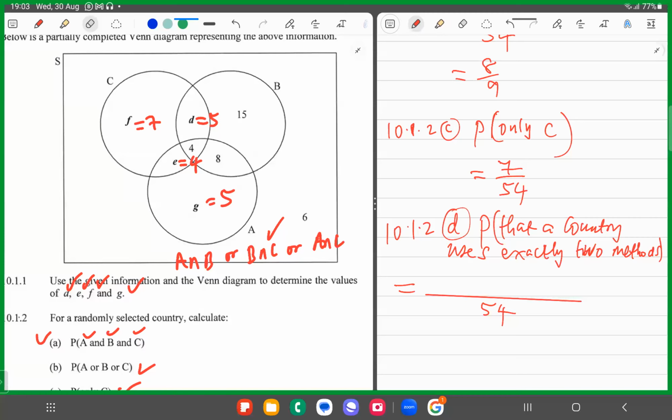Let's see now. For instance, the countries in B and C, you can see there are 5 of them, only B and C. And then the countries in A and C, without B, so you'd have 4.